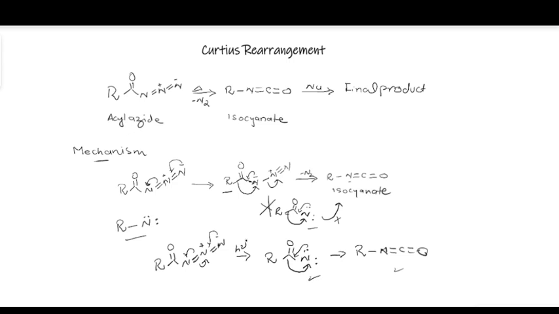So those types of side products are not observed here, but under photochemical conditions you might see products originating from the insertion reaction of nitrene, for example, and that is evidence that photochemical conversion of the azide to isocyanate goes through the nitrene intermediate, but under thermal conditions the reaction is concerted.